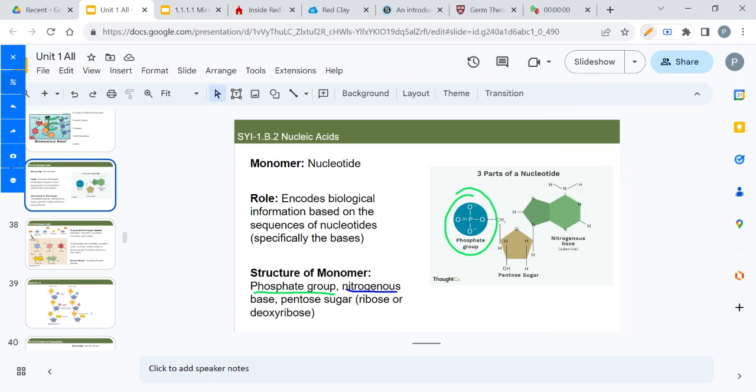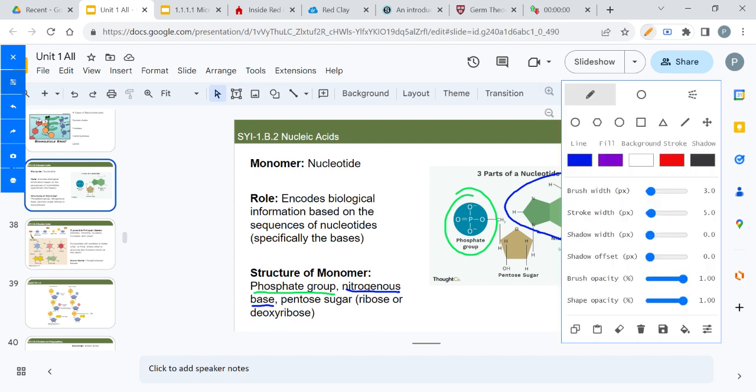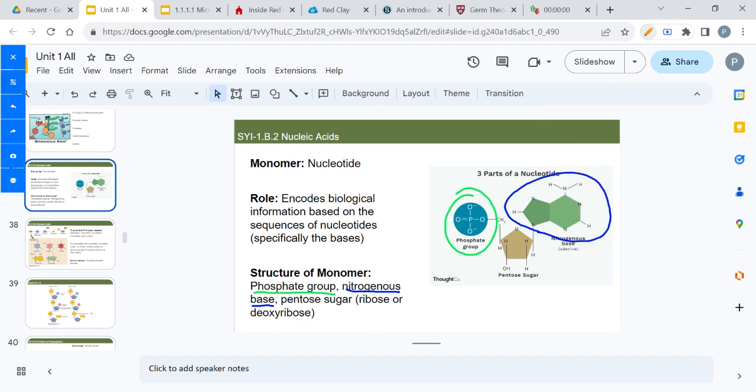The next one is a nitrogenous base. The nitrogenous base is located over here. There are 5 different bases out there that will give you the 5 different nucleotides: your A, T, G, C, right? If you think back, your adenine, guanine, cytosine, thymine, as well as uracil, that's going to be from the nitrogenous bases. And finally, a pentose sugar, that's either ribose for RNA or deoxyribose for DNA.